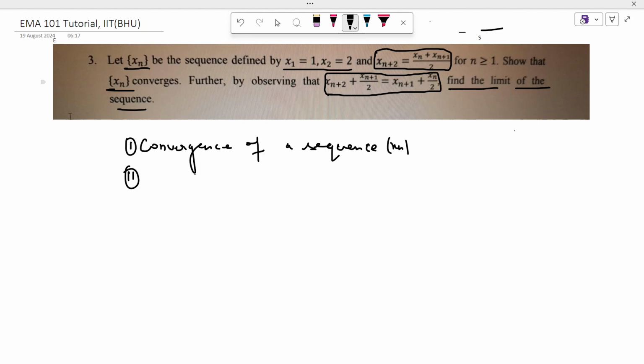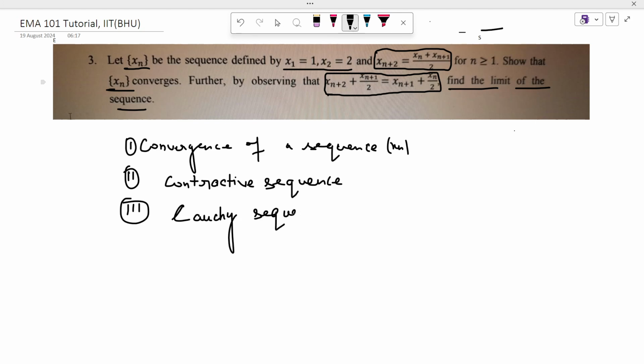Second one is the contractive sequence. You are familiar with this one? And the third one is a Cauchy sequence.